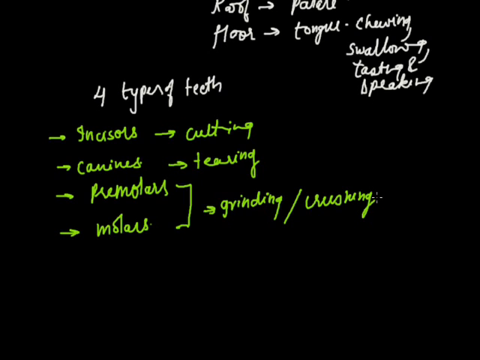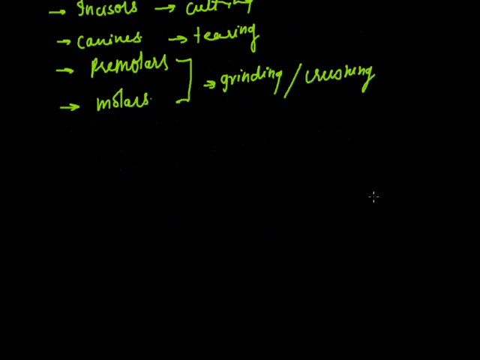Now, to determine the number of different types of teeth in any individual, a dental formula is given. That dental formula shows the different types as well as the number of teeth present in a particular individual. The dental formula for human beings is different in a child and in an adult.